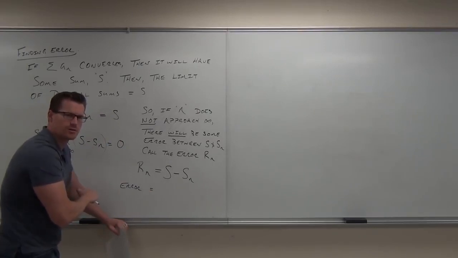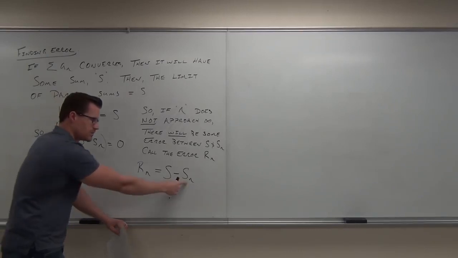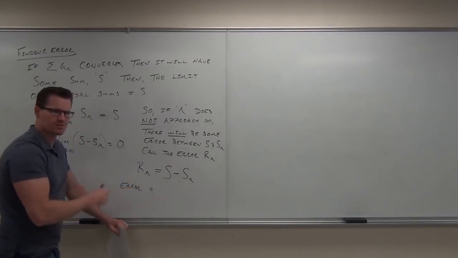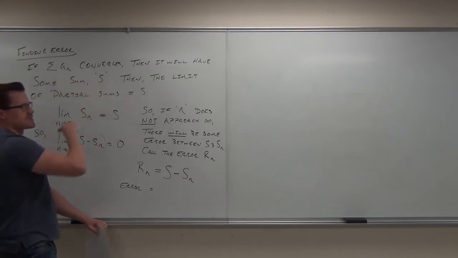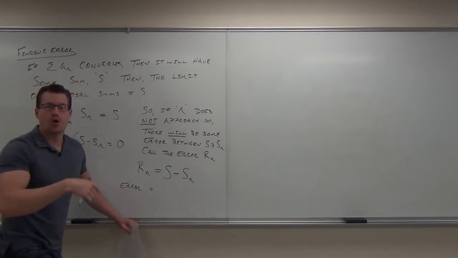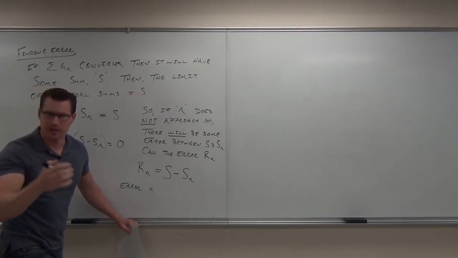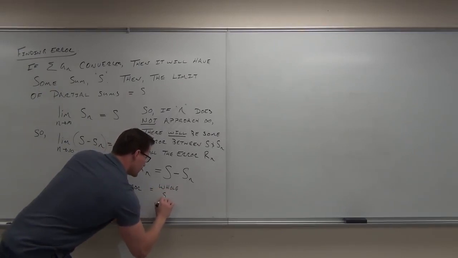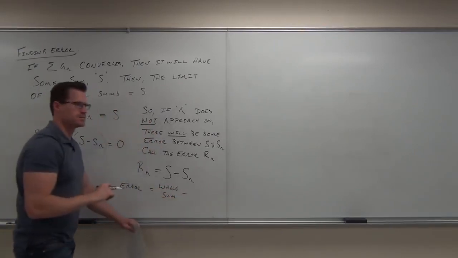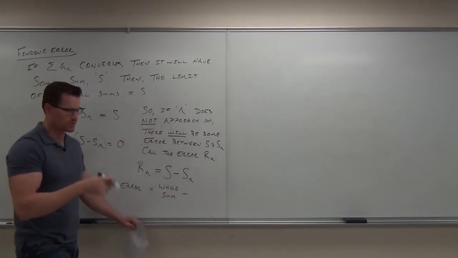Sum of? Partial sum? No, that's S sub n. S stands for the sum of the series. That's what we said. So this would be the idea of the whole sum, the sum of the series, the whole thing. So the whole sum minus part of the sum. That's a partial sum, part of the sum.